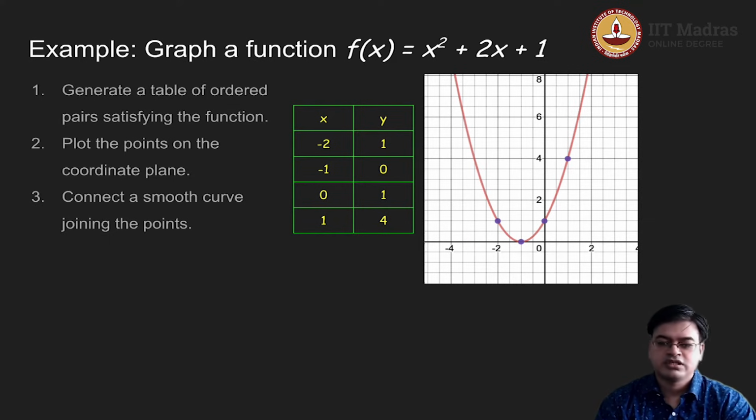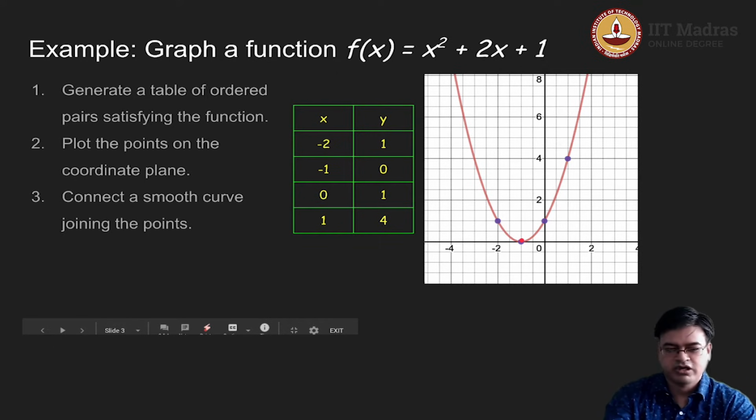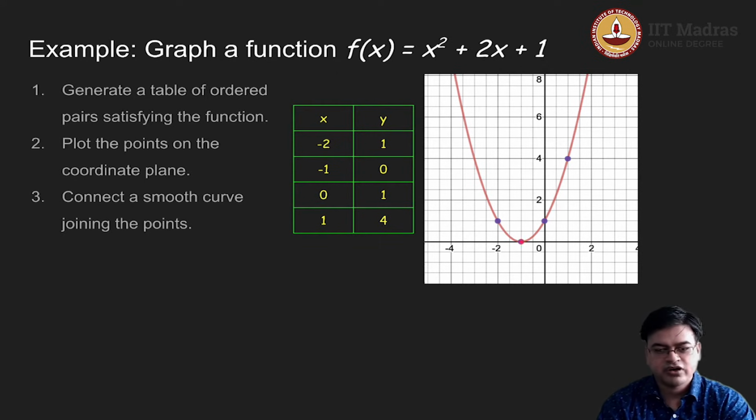So what essentially is happening is, if I consider this point, which is the bottom of the curve, and if I draw a straight line, which is the line x is equal to minus 1, then if you look at all these points, for every point there is a similar point on the other side at the same distance from this particular point.